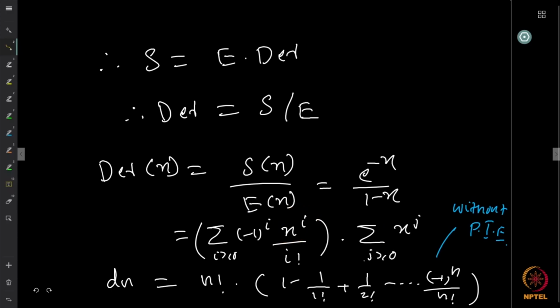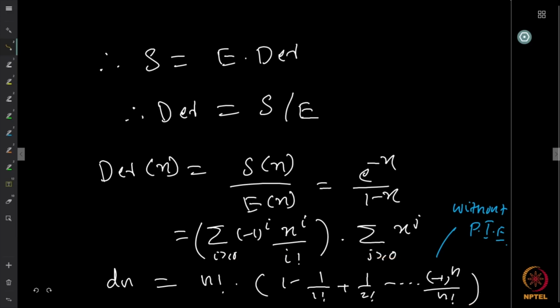So if I collect them all together, there could be at most n plus 1 terms: 1 minus 1 by 1 factorial plus 1 by 2 factorial minus etc., minus 1 raised to n by n factorial. So you get this from here, and therefore d_n is n factorial times (1 minus 1 by 1 factorial plus 1 by 2 factorial etc.).